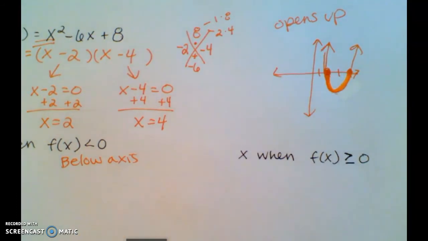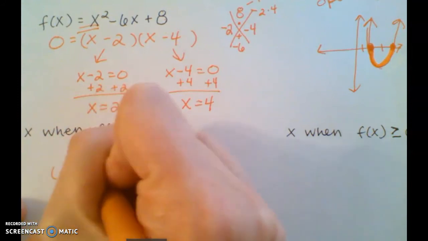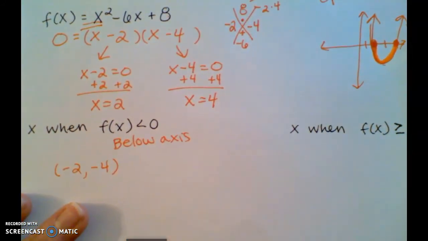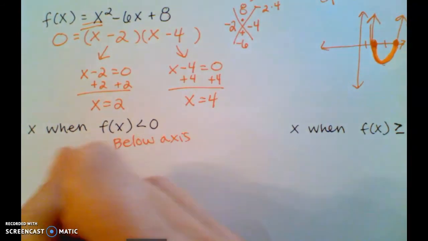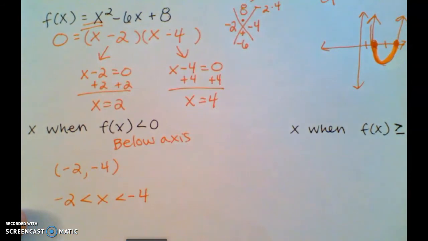Where is it below? So that's going to be from -2 to -4. Notice that I use parentheses here because there's no or equal to. If it helps you, you can draw a number line, but I'm just going to write the notations. Then this would also be -2 is less than x is less than -4.